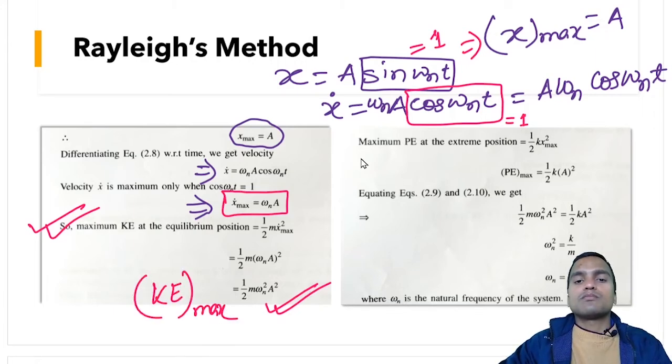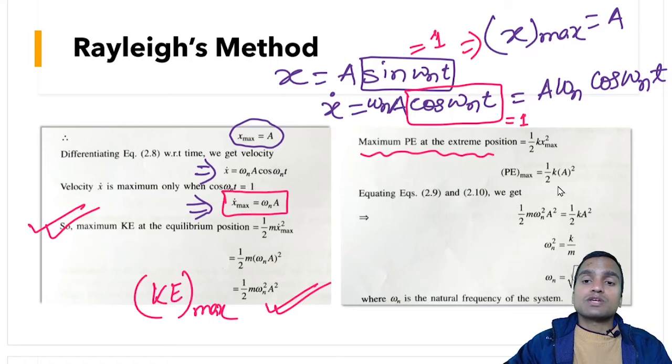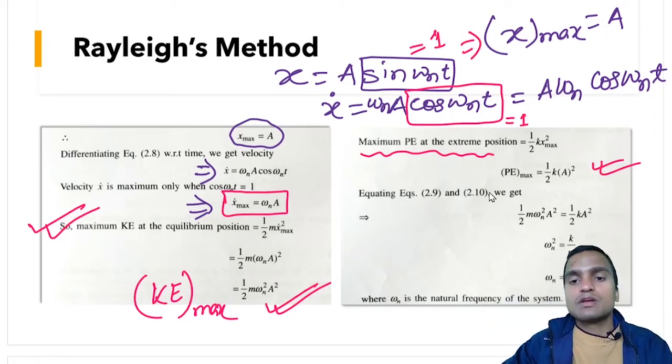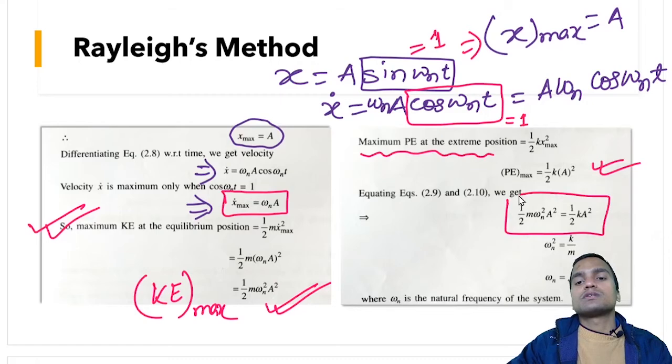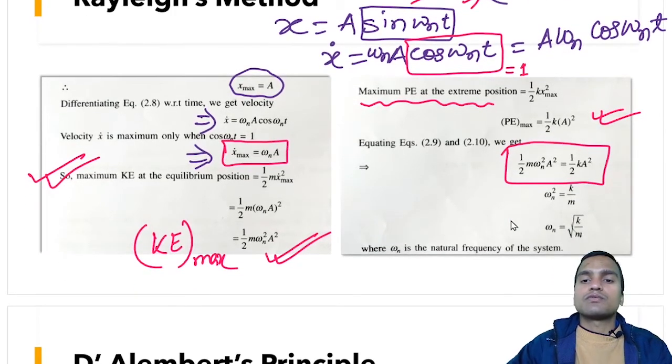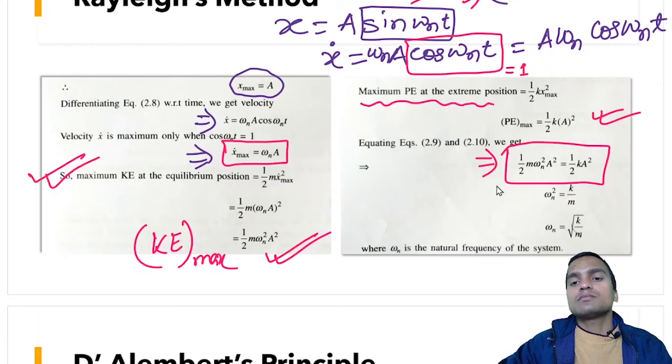Now let us calculate the maximum potential energy at extreme position. It is equal to half kx square, and the maximum value of x is equal to the amplitude A. So the potential energy maximum is this. From the Rayleigh method we say that KE maximum is equal to PE maximum. So after equating both of these terms we come to this equation.